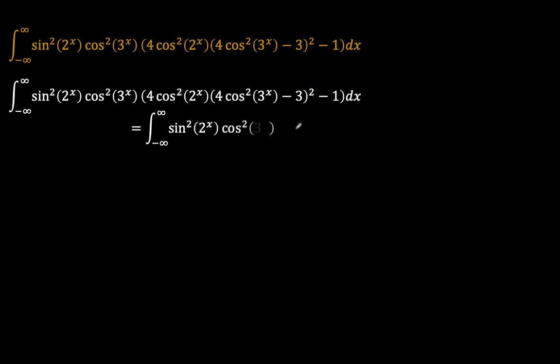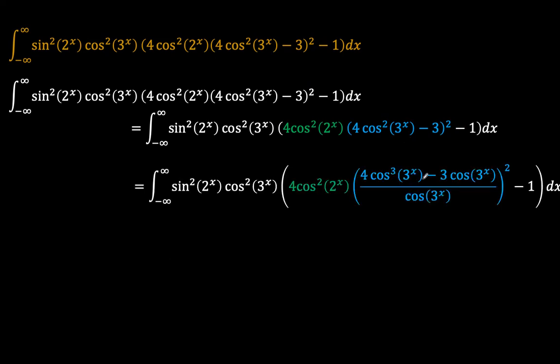If we multiply by cosine of 3 to the power x in the numerator and have a denominator of cosine 3 to the power x, we get 4 cosine cubed 3 to the power x minus 3 cosine 3 to the power x, over cosine 3 to the power x.